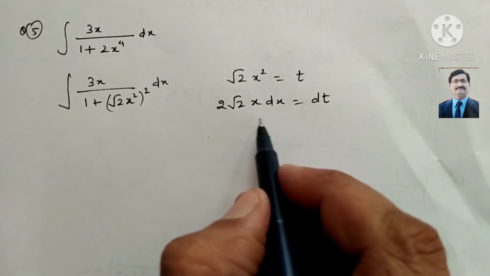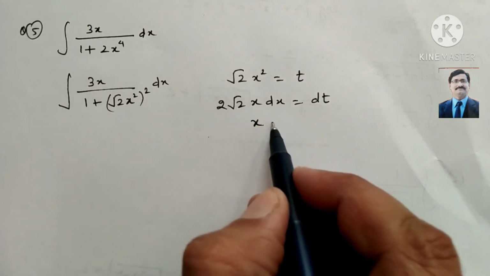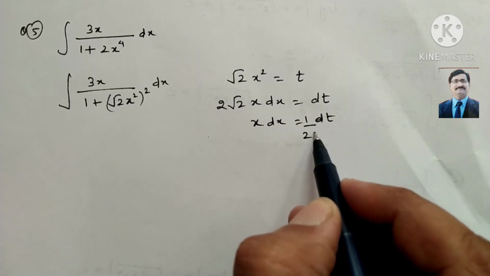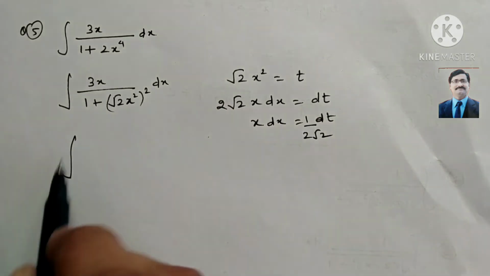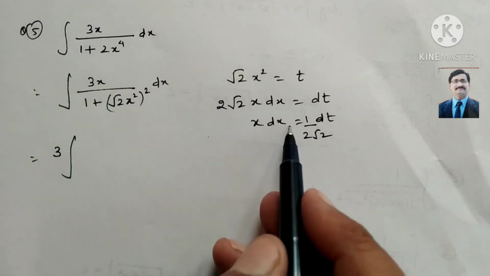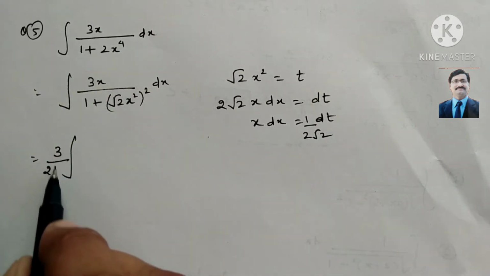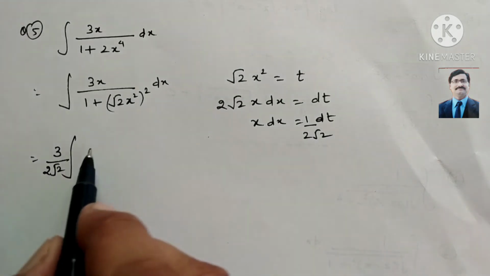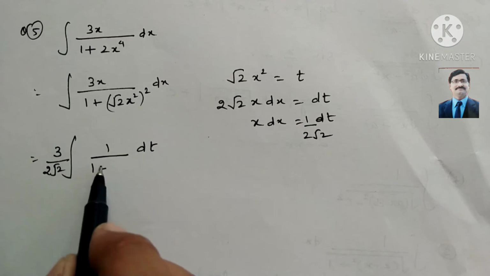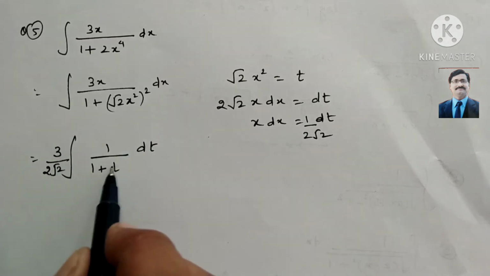So x dx we can write as dt times 1 upon 2 root 2. So look at this: 3 we write outside, and in place of x dx we write 1 upon 2 root 2 and dt, and in place of 1 plus this we write t square.